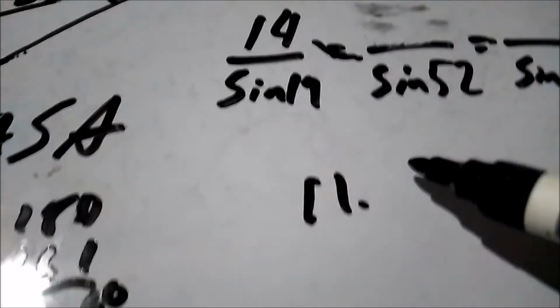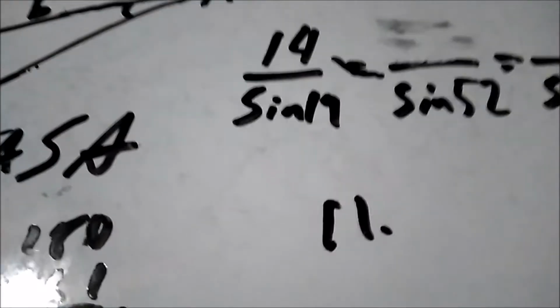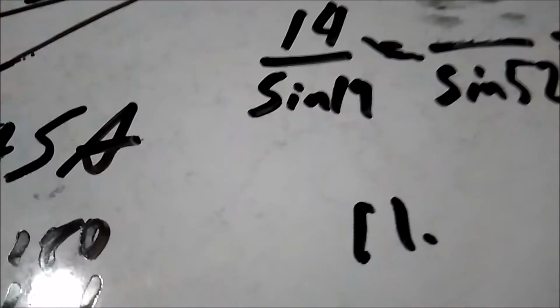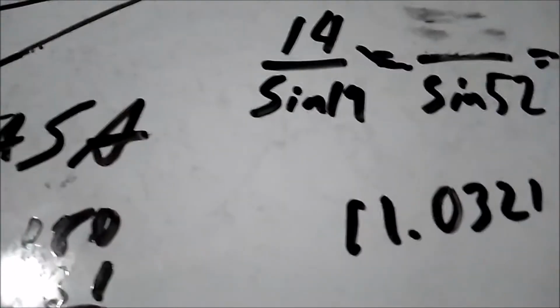So when you're going to write it, use only four decimals, to the nearest ten thousandth. So 0, 3, 2, and 1.